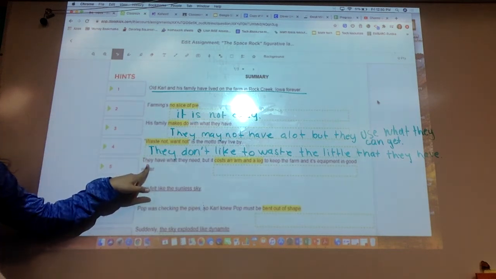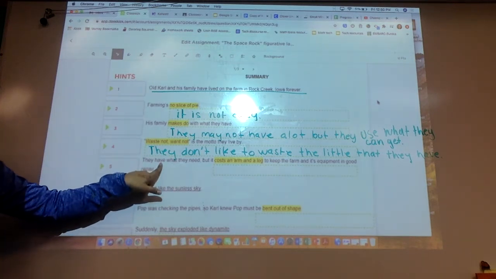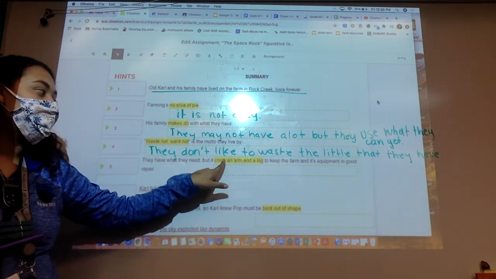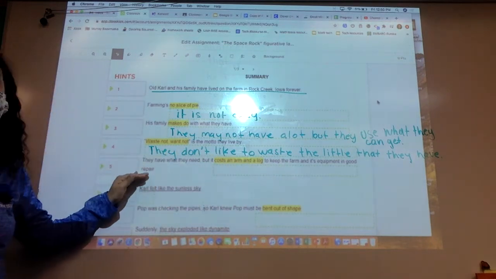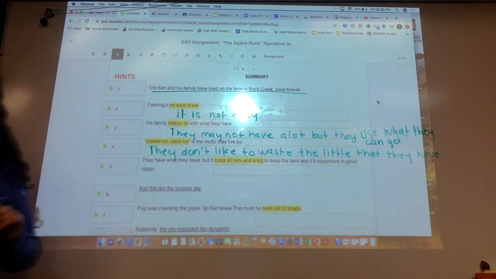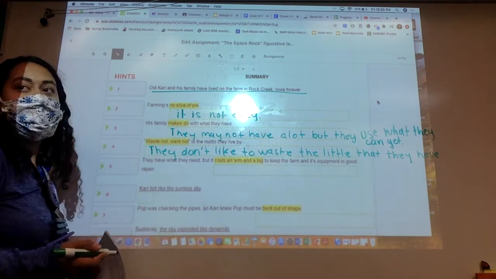Okay, number 5, which looks like this one right here. They have what they need, but it costs an arm and a leg to keep the farm and its equipment in good repair. Okay? Like, are they literally going to pay with an arm and a human leg? Ledger? It means it costs a lot of money.